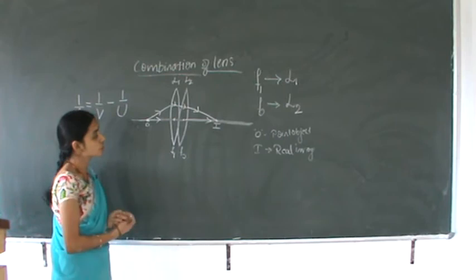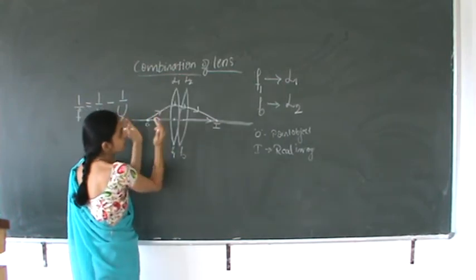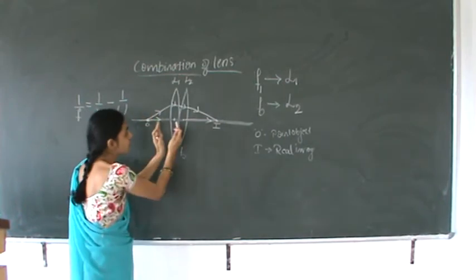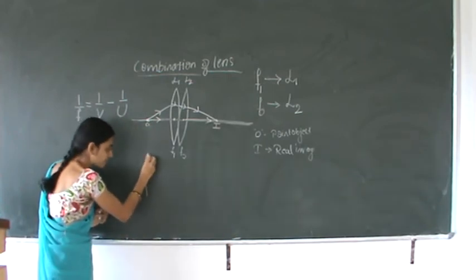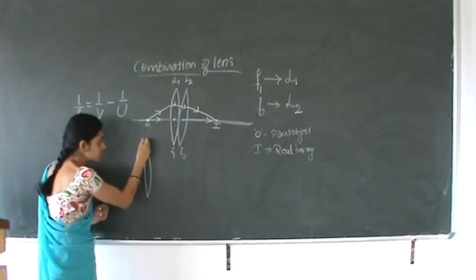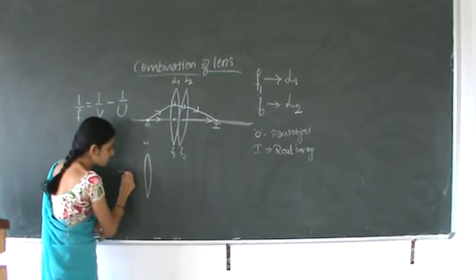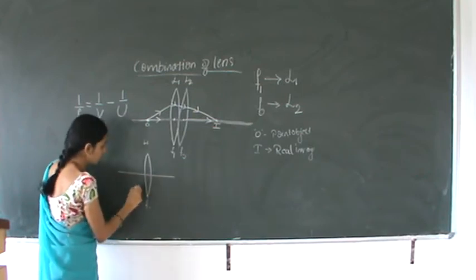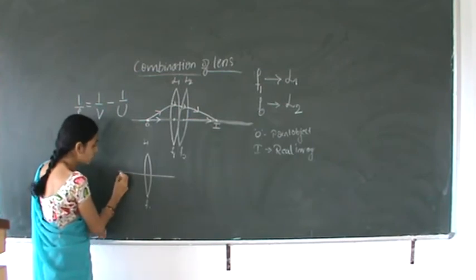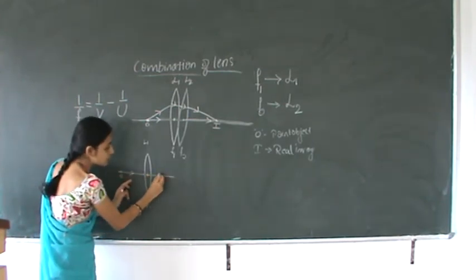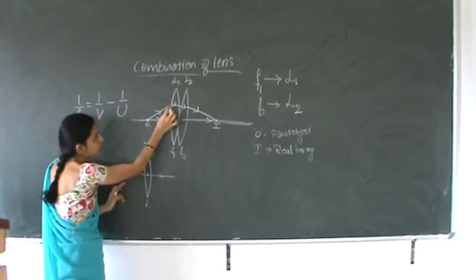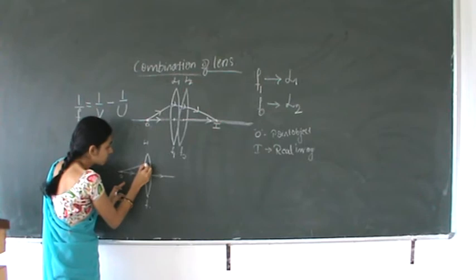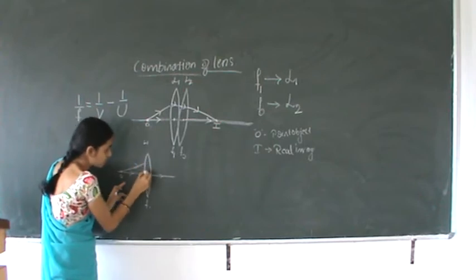Okay. So here let's consider the first portion, that is, only one lens. If I consider only lens L1, what happens? The ray O which passes along the principal axis will be undeviated, and one more ray gets incident on the first lens.